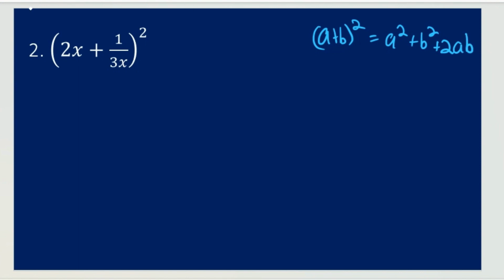So that is our formula. Now, this time a is going to be 2x in this one. Okay? Now, b over here is going to be 1 over 3x.